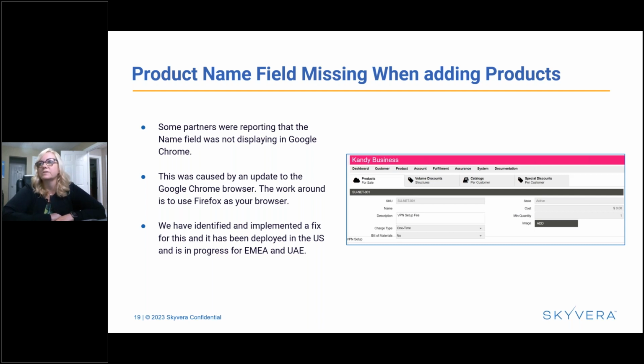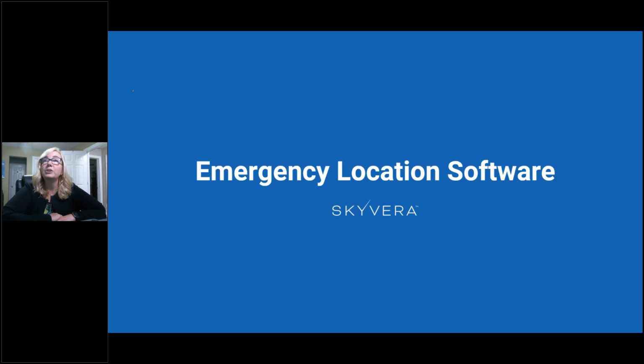That was due to Chrome making a change, and of course, not telling anybody. So just wanted you to know about that. That has been resolved in the US, and of course, there's a workaround for those on the European node or in the Middle East.